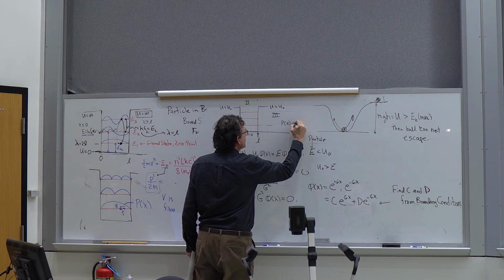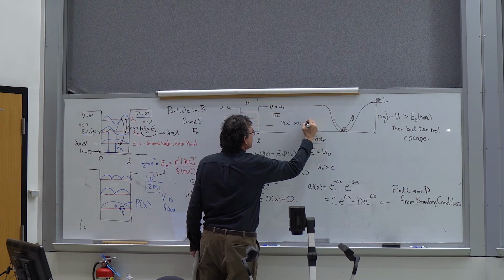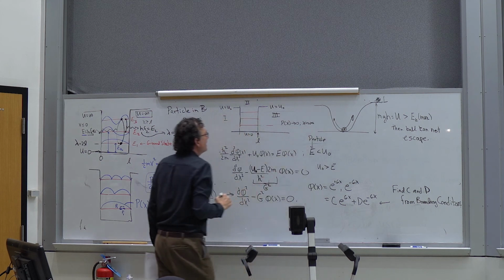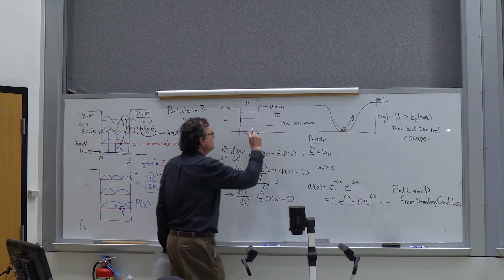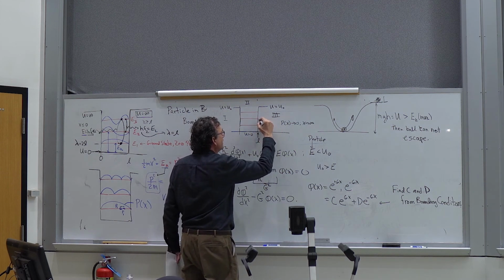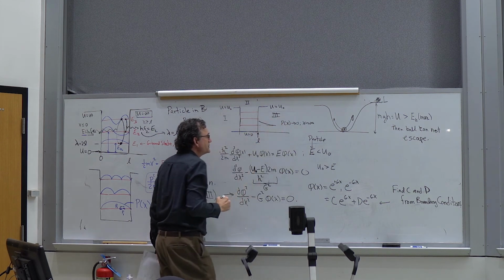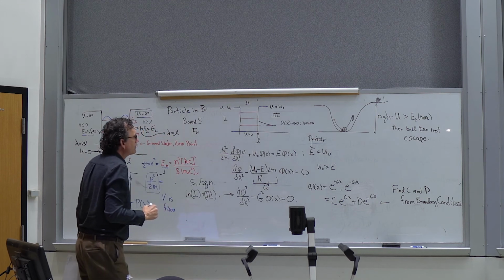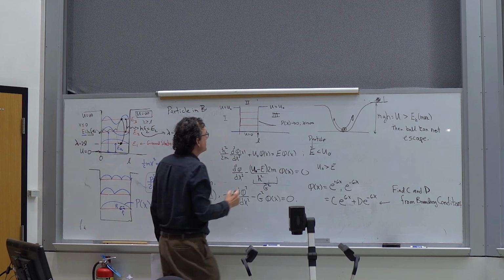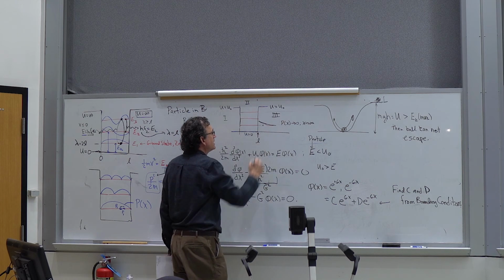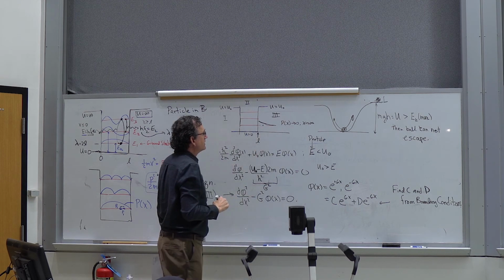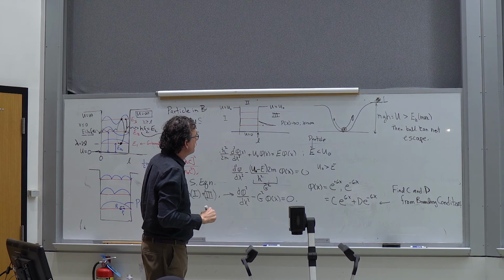So p of x must go to 0 as x goes to infinity. In other words, the particle is not free to move along the x-axis, so the probability must diminish as we move away from the boundary of the well. If it's going to spend any time outside the boundary, it has to be in a way in which it becomes less likely, not more likely, to be found out in this region.